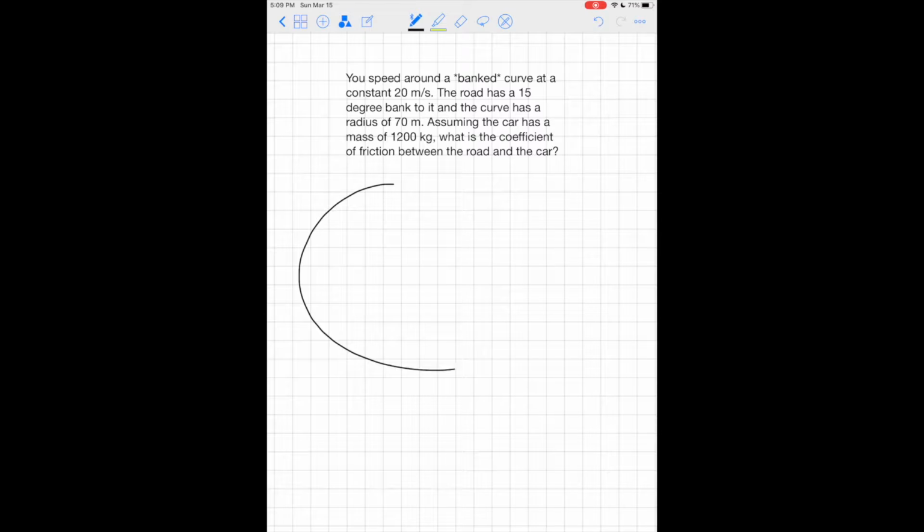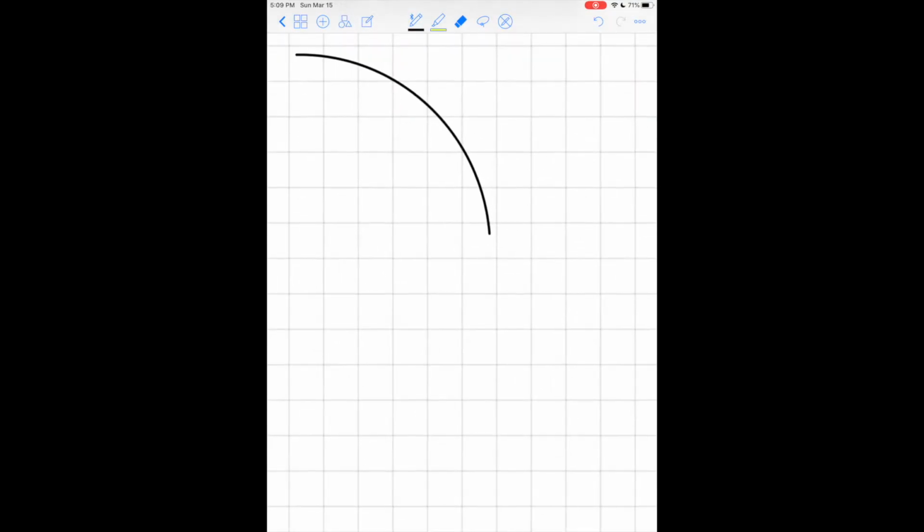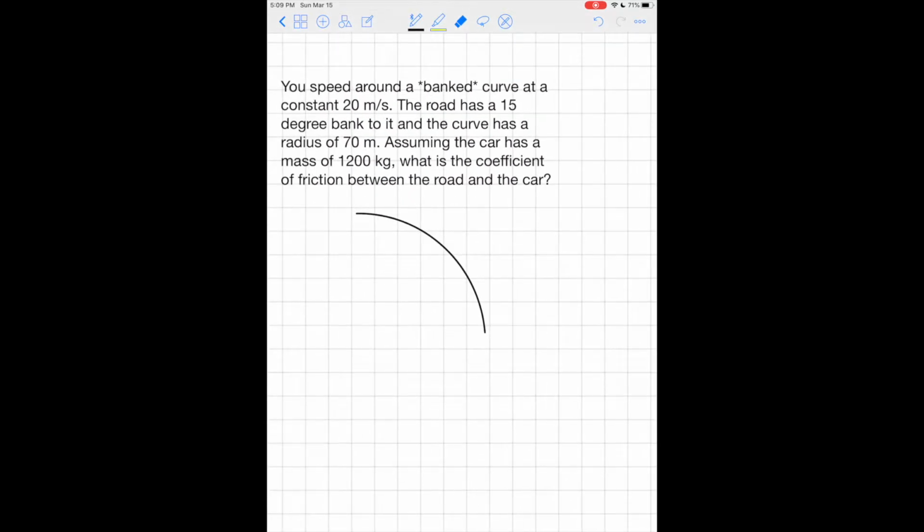So again, almost every single time we are just starting off by drawing a picture. I have a little bit of nifty technology to help me out here, but I want to have my car enter this curve and leave this curve, is the general gist of this.